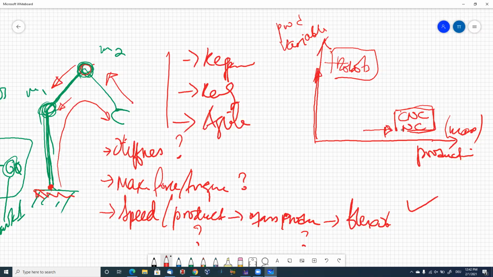So you could use CNC machines. But if you have very large variation, of course, robots are not even good. It is manual, actually. Here I could say manual, and then maybe I could put robots here in the intermediate.